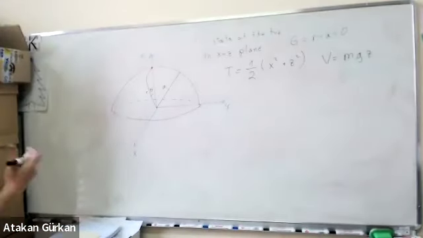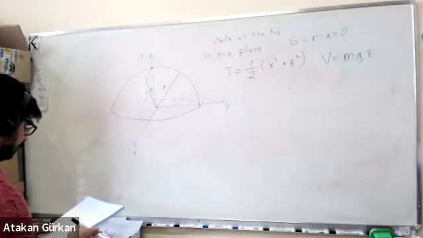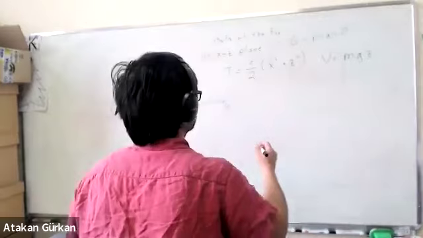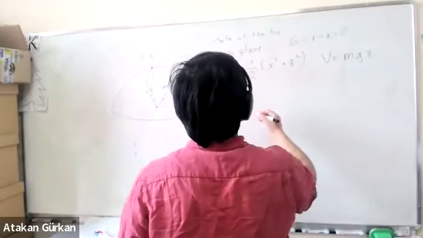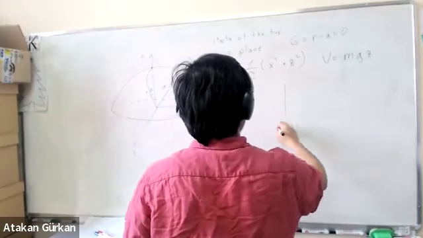Now, as the book suggests, it's a good idea to switch to polar coordinates here, and there's again a typo in the book. I think it's so unclear that I'm not really sure what they're doing, but I'm going to switch to polar coordinates, and if you look at this from the side, it looks like this. So maybe like that.